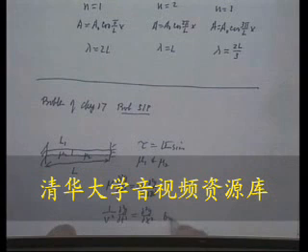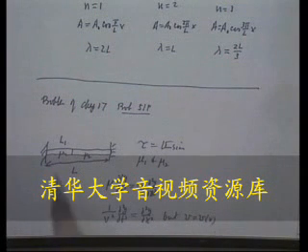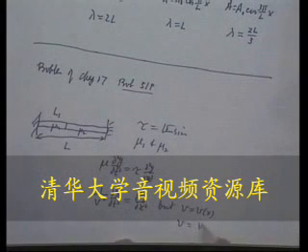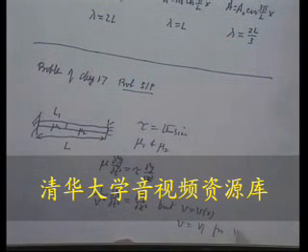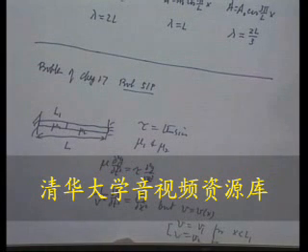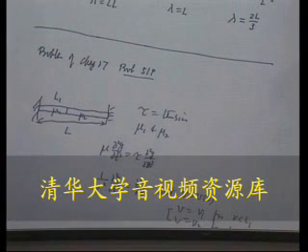But v now is not a constant. v is a function of x. In this section v is one value, in this section v is another value. v equals v1 for x less than L1, v equals v2 for x greater than L1. So the equation is the same, only the v is dependent on x.